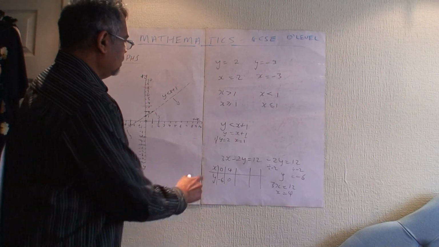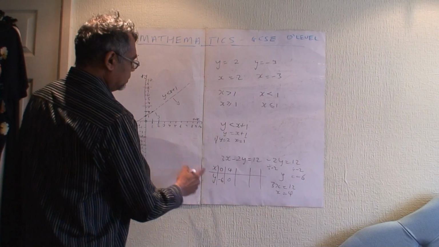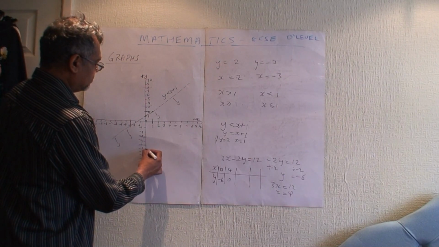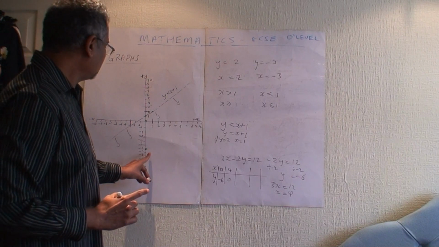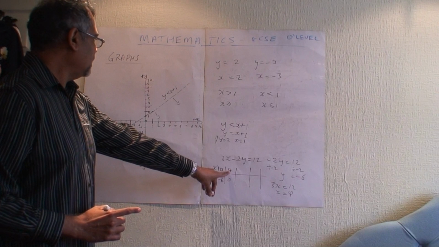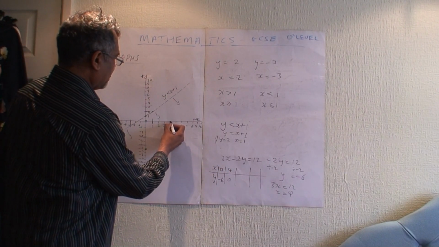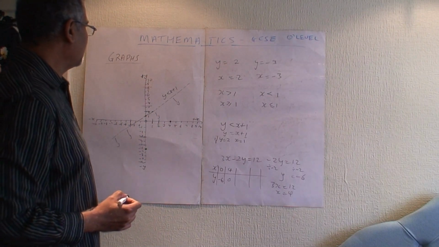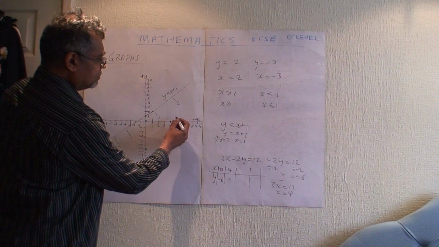So we have 2 points here that we can work with. We have x is 0 and y is minus 6, so minus 6 is there. That's 1 point. The other point is 4, and y is 0. So we just draw this line.